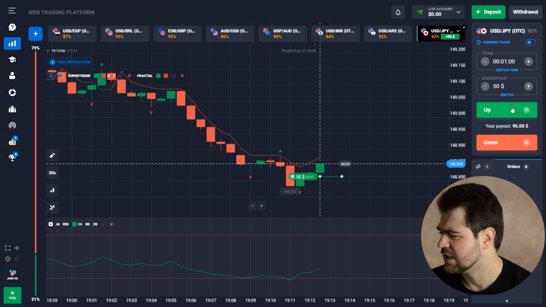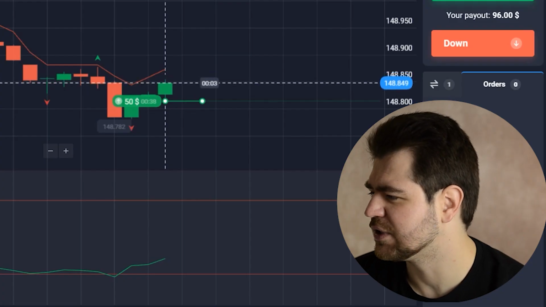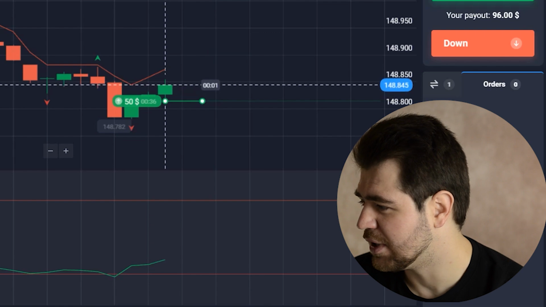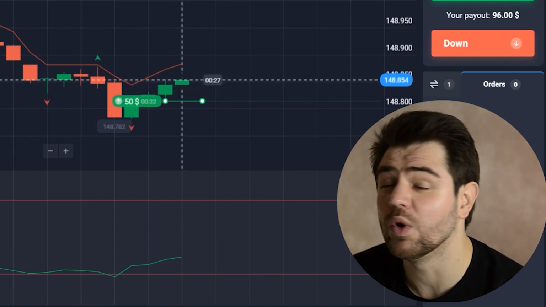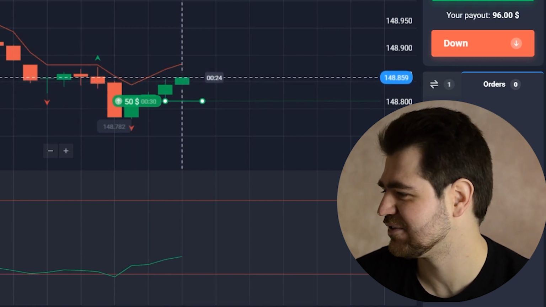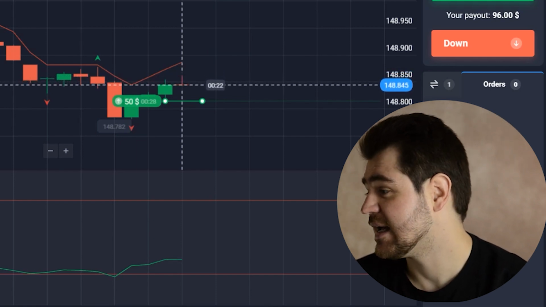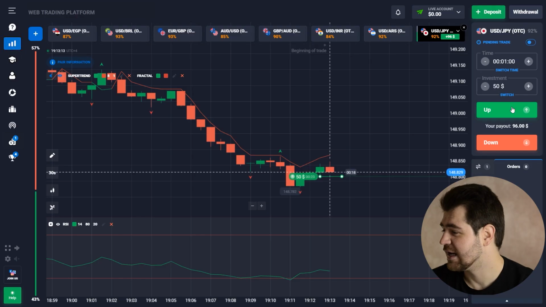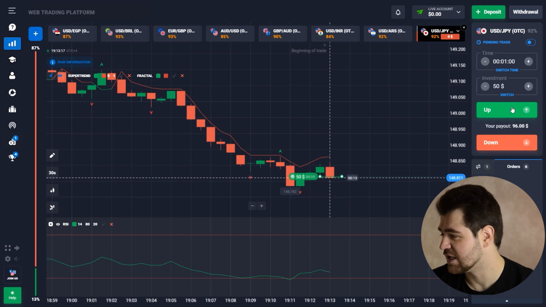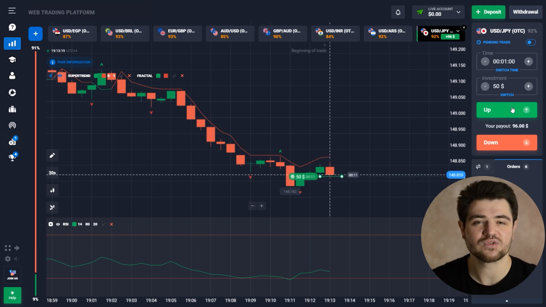It doesn't really break through, but it moves up with you, as if it would basically go through it. And let's look at the fractal as well. I'm using the fractal here, and it goes with my decision. So yeah, let's wait for the result and continue.